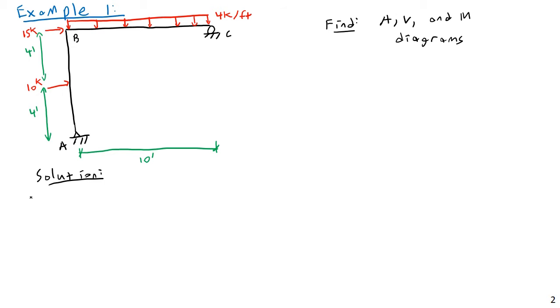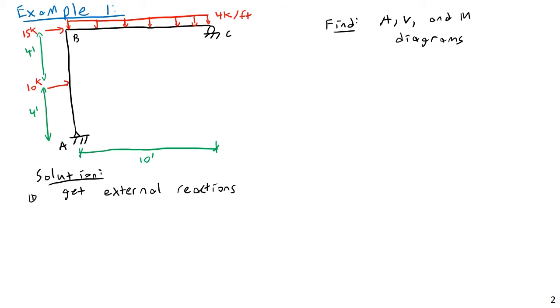So 1, get external reactions. For this problem, that's relatively straightforward. For more complex ones, where you have more than 3 external forces, we actually will have to break it up before we can even find the reactions.